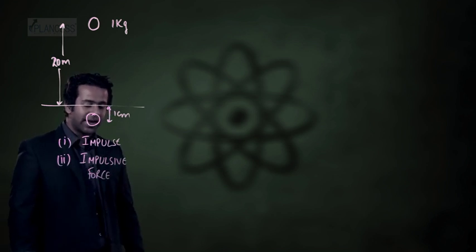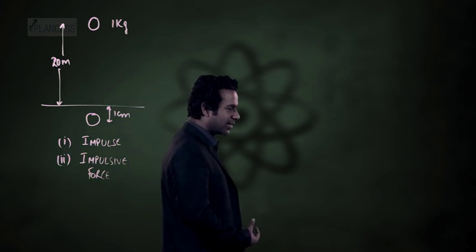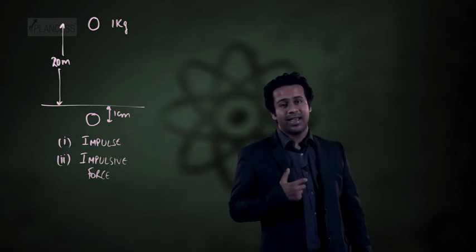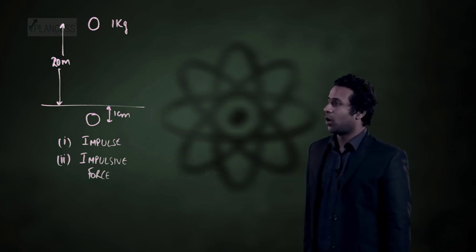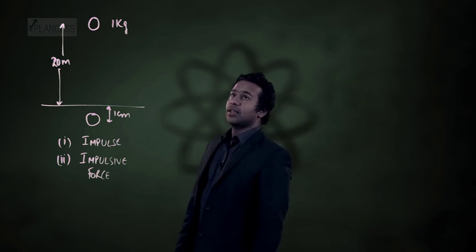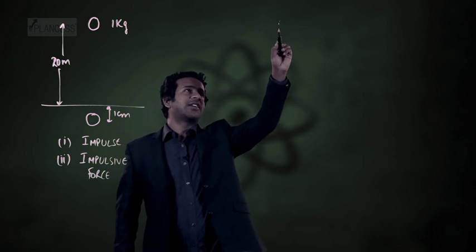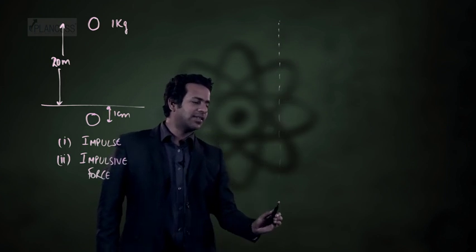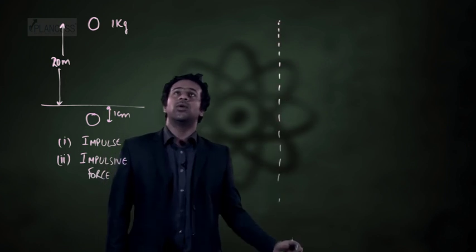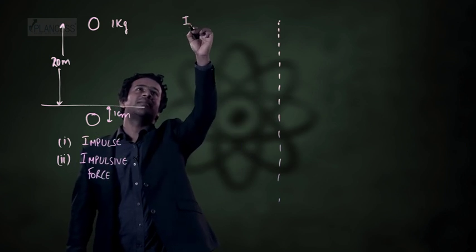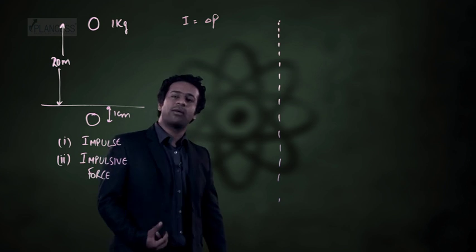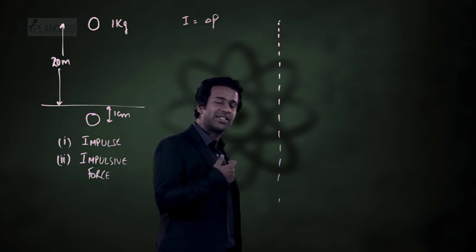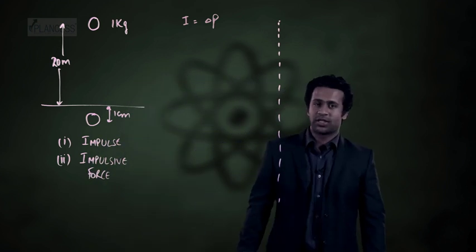So we wish to find, first of all, the impulse that acted on this ball, and secondly, the impulsive force offered by the ground on this ball. Right. So let's first try to find the impulse that acted. Now we know that impulse is nothing but change in momentum. So since we are talking about a single particle, momentum is simply mass into velocity.